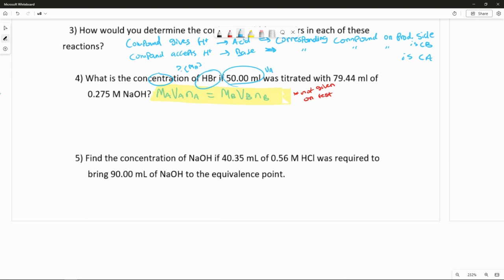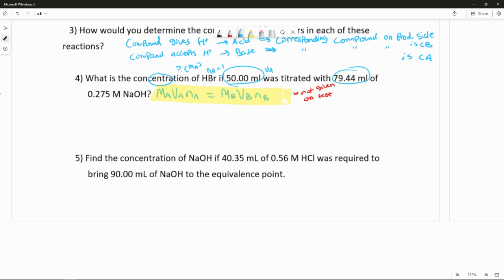We look at our HBr and look at the subscript of the H. There is no 2, there is no 3, it's just an invisible 1. So we know that Na is going to be 1.